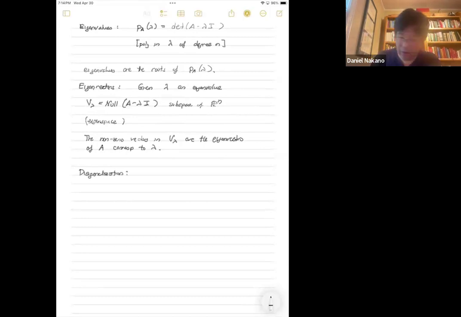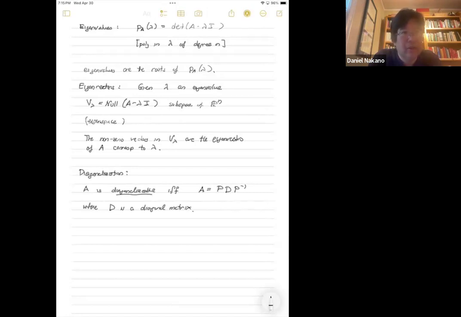A is diagonalizable if and only if A equals P D P inverse, where D is a diagonal matrix. That's the definition. You want A to be similar to a diagonal matrix. Now, this doesn't always happen.